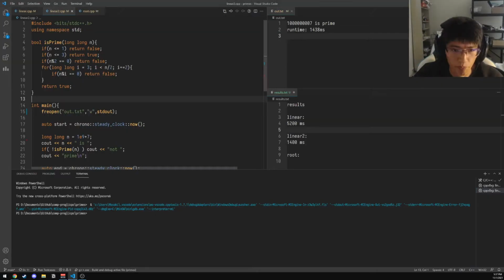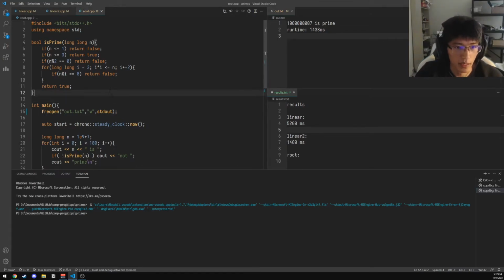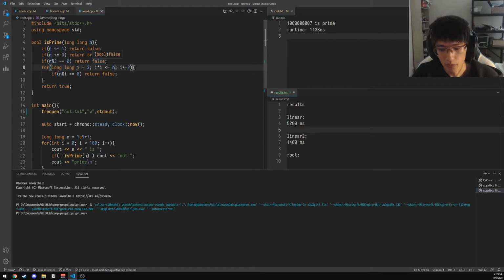And so we can do this and go for i equal to 3, i times i less than or equal to n. In programming, you usually don't want to use floating point numbers if you can help it. If you mess with floating point numbers a lot, it can start to create small error values.